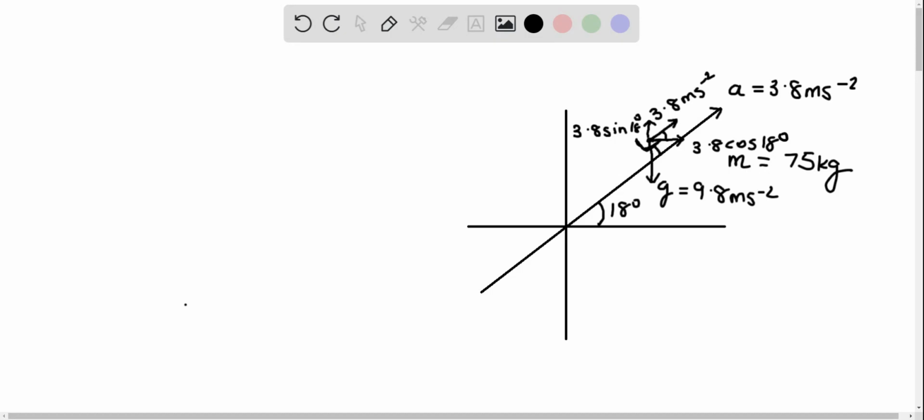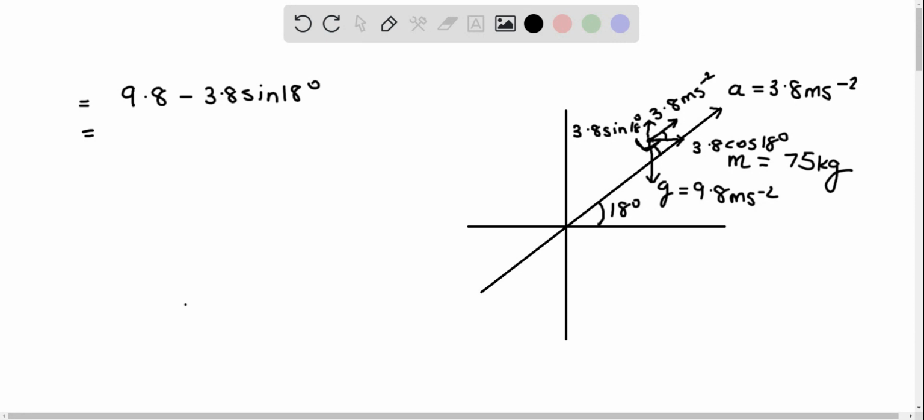Now, note that the acceleration due to gravity and the vertical component of acceleration are in opposite directions. So to find the total magnitude of acceleration in the vertical direction, we subtract 3.8 times the sine of 18 degrees from 9.8.